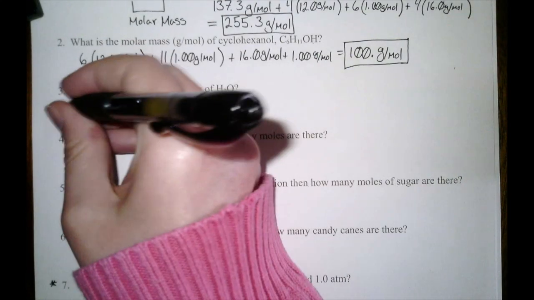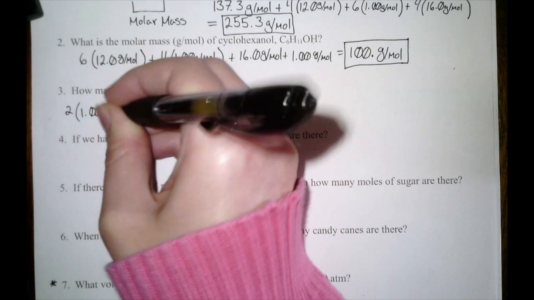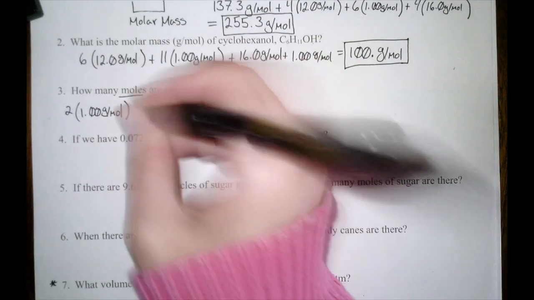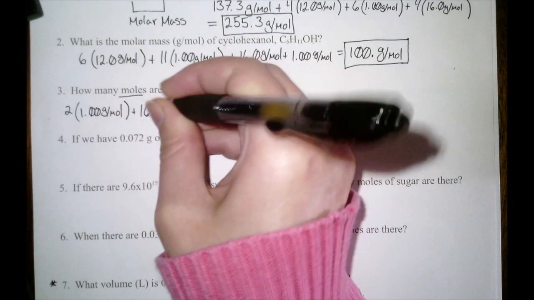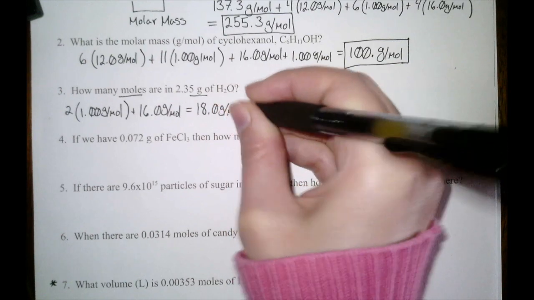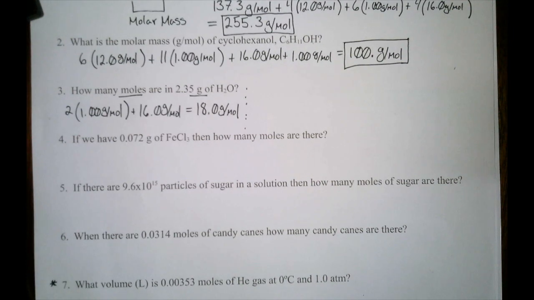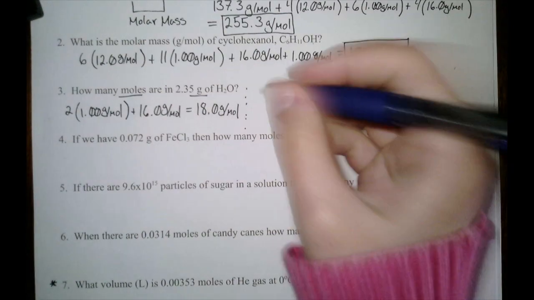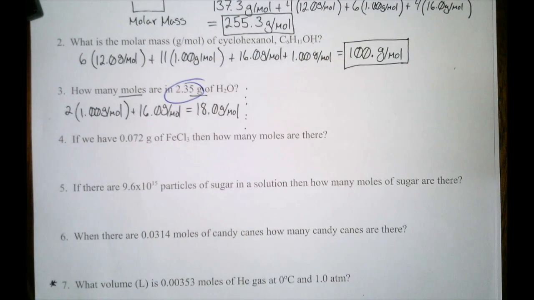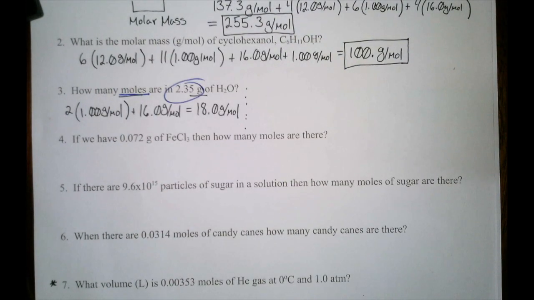So that's going to be 2 times 1.00 grams per mole, which is the molar mass of hydrogen, plus 16.0 grams per mole, which gives us a molar mass for water of 18.0 grams per mole. Now that I know my molar mass of water, now I can actually set up my conversion. So I'm going to start with what they gave me and set up a dimensional analysis so that I end up with moles.